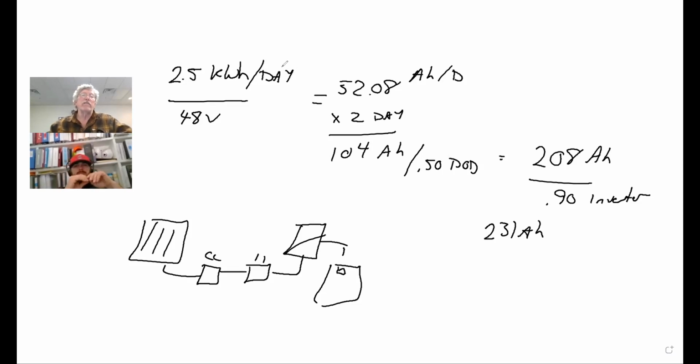If I needed 2 days of autonomy, I'd buy a 5 kilowatt hour battery bank, lithium ion. And it seems to me the Tesla Powerwall is like a 13 kilowatt hour system. So that's how that works.